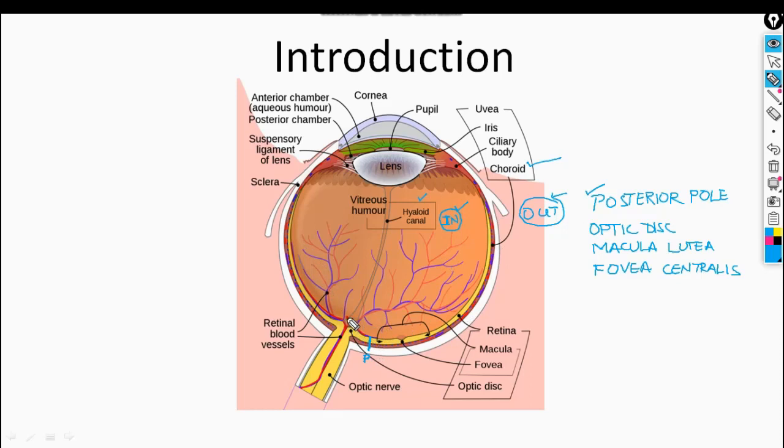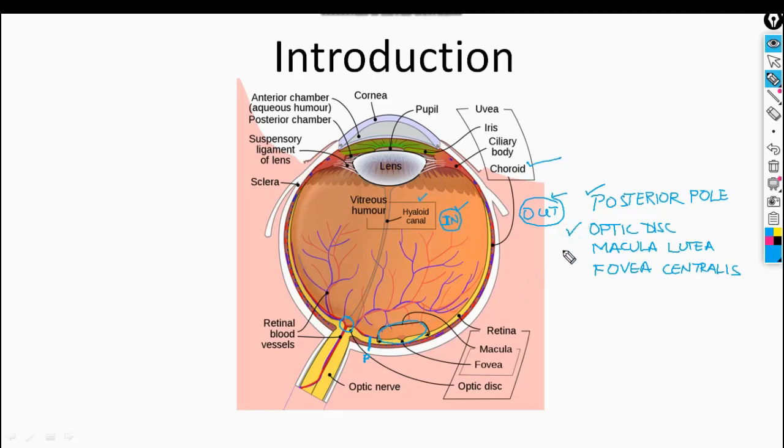The optic disc is here, and this region is the macula lutea. So between the macula lutea and the optic disc, we see the posterior pole. Clear?